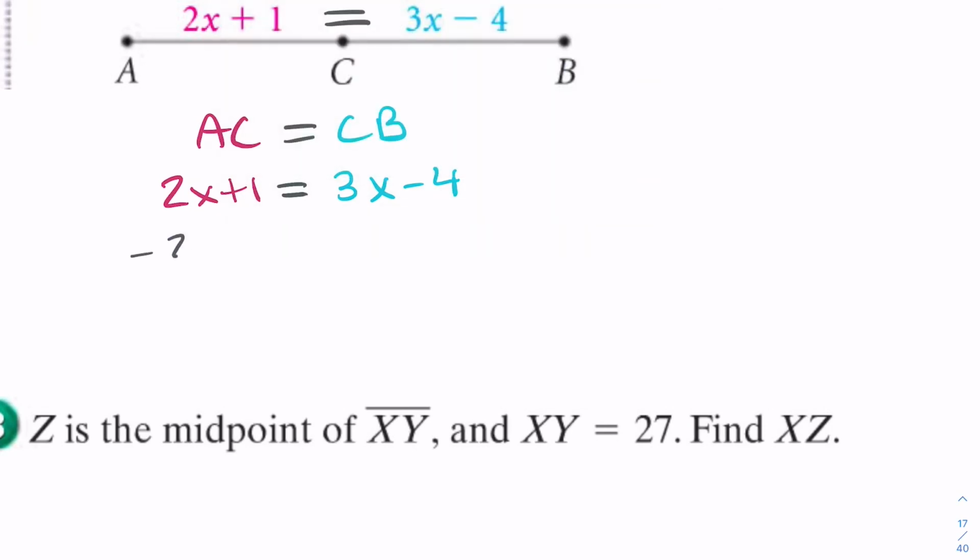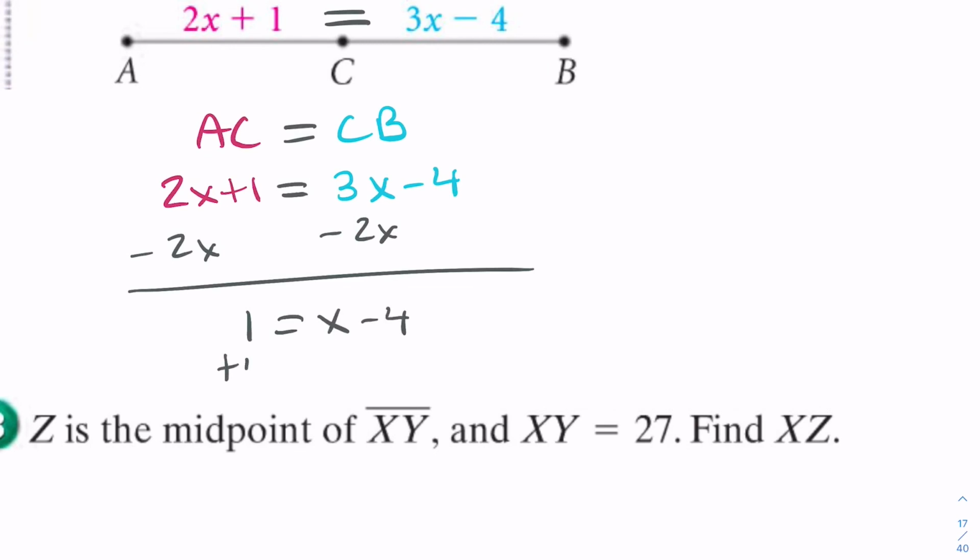So I'm going to take away 2x, get 1 equals, okay, it's doing it again. Okay, 1 equals x minus 4. Add 4, add 4, x is equal to 5.